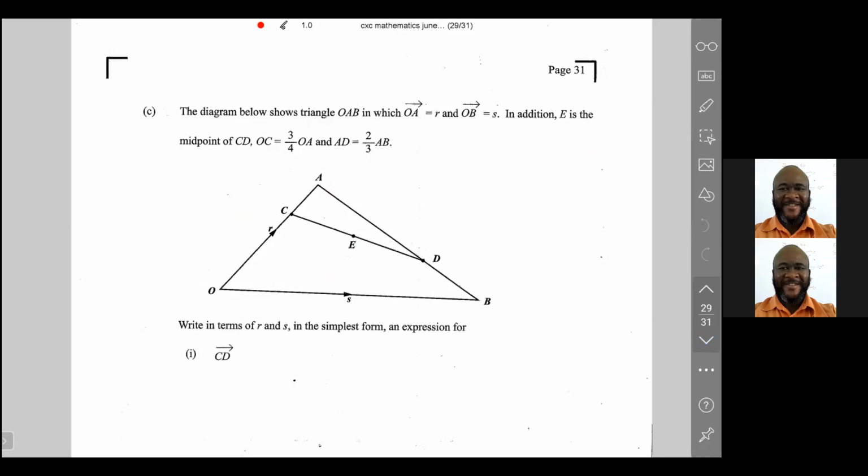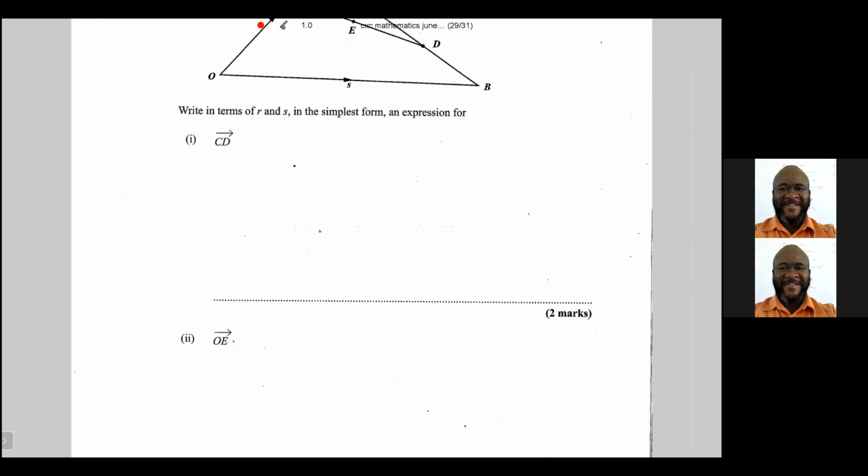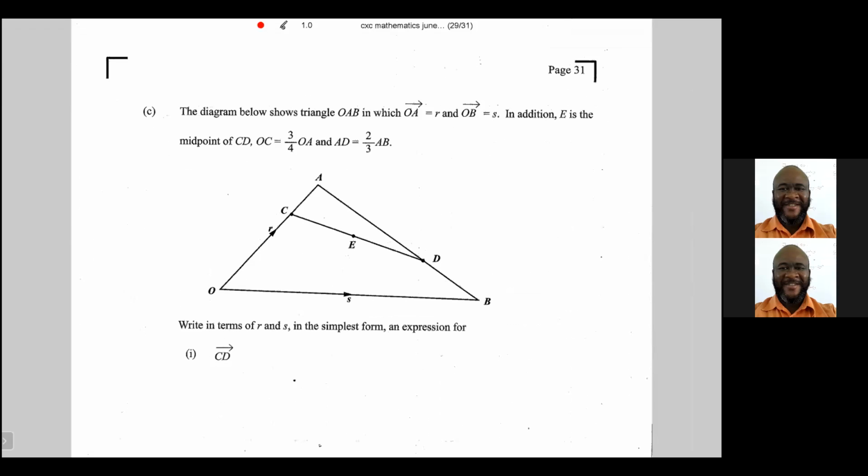All right, so the very last part of the last question in the exam. This says the diagram below shows triangle OAB, in which the vector OA is r and the vector OB is s.